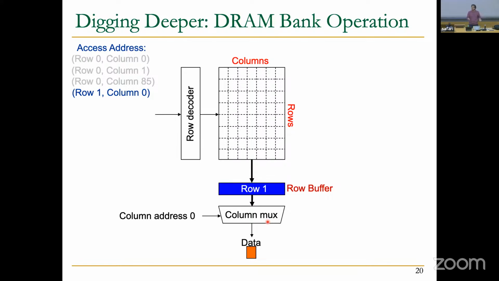Interestingly, memory controllers inside processor chips will try to optimize for row buffer hits over row buffer conflicts. What do I mean by that? If you have a bunch of requests in the request queue in the memory controller, you try to prioritize requests that hit in the row buffer over requests that would cause a row buffer conflict.